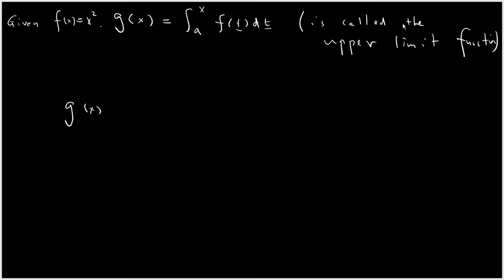Temporarily we fix a, the lower limit. Can I replace a with 0, to make things simpler? I'm going to fix the lower limit and use 0 to denote it.